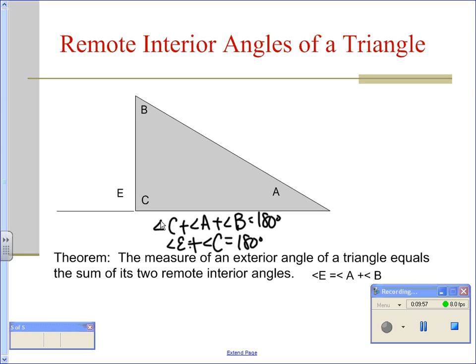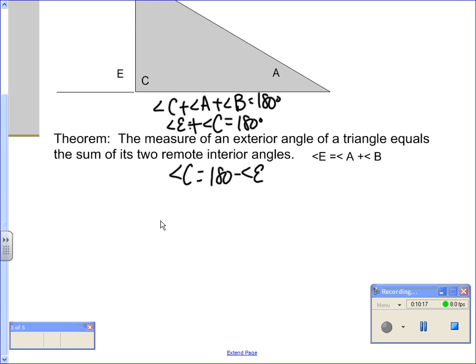C plus E is equal to 180, right? So C, does that make sense? Okay. So instead of C, what could I put in?